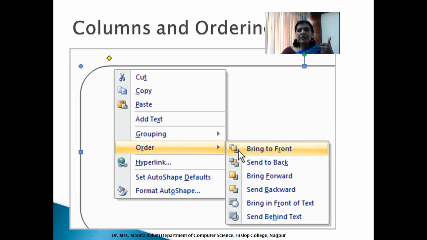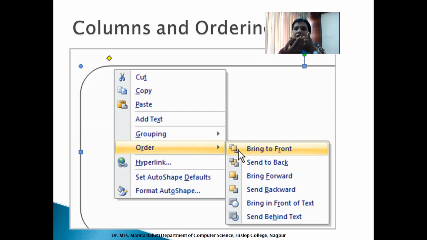Bring to Front is used if we have 1, 2, and 3 images placed one over the other. If we want the last image to be displayed at the front, we choose Bring to Front. The second one, if I say Send to Back, the top image will be sent to the back.